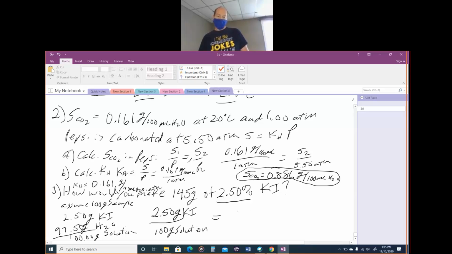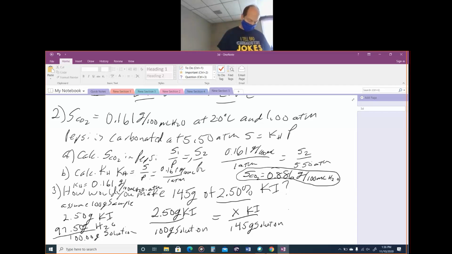What I want to know is how many grams of KI I need to make 145 grams of this solution. Then you just cross multiply and divide. So you have 2.50 times 145 divided by 100, and you get 3.625 grams.